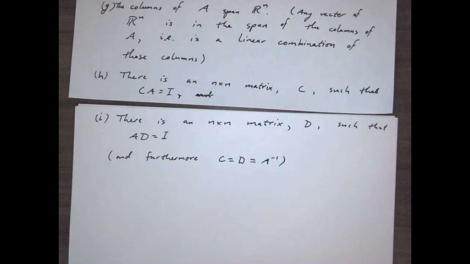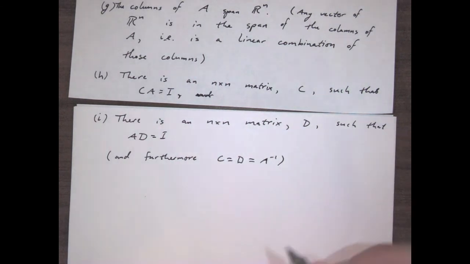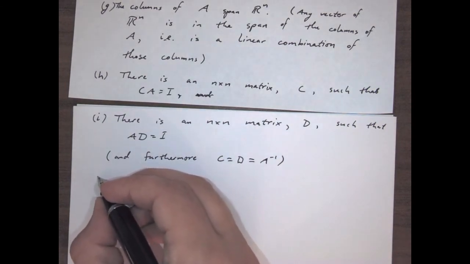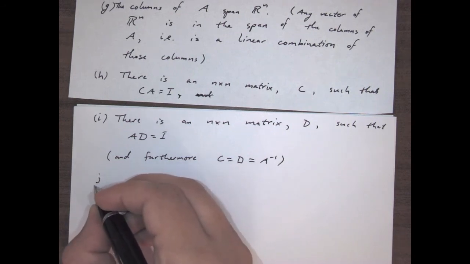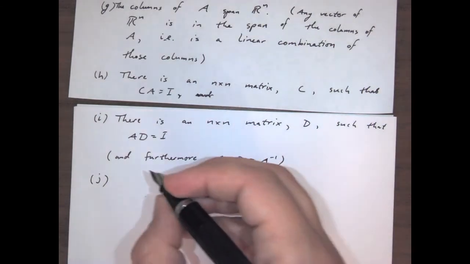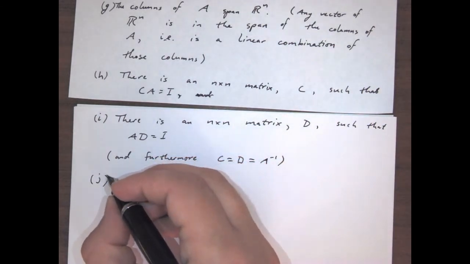So C and D must in fact be the same thing, and they must equal the inverse. So there's no such thing as a one-sided inverse for a square matrix. If it works on one side, it works on the other. That's really the content here. So in other words, for a square matrix, all inverses are two-sided.